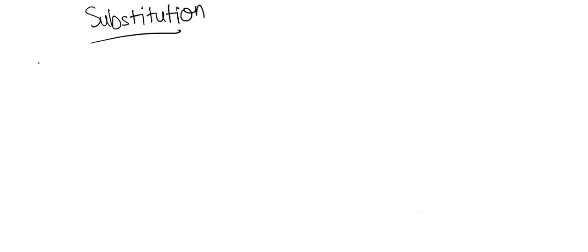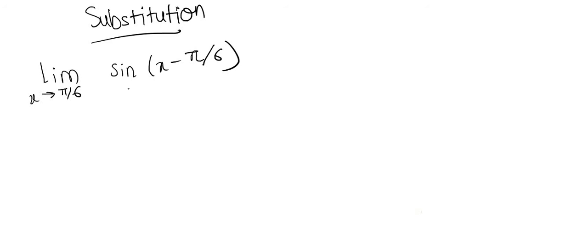So let's do a slightly harder example. The limit as x approaches pi over 6 of the sine of x minus pi over 6 over root 3 by 2 minus cosine of x.